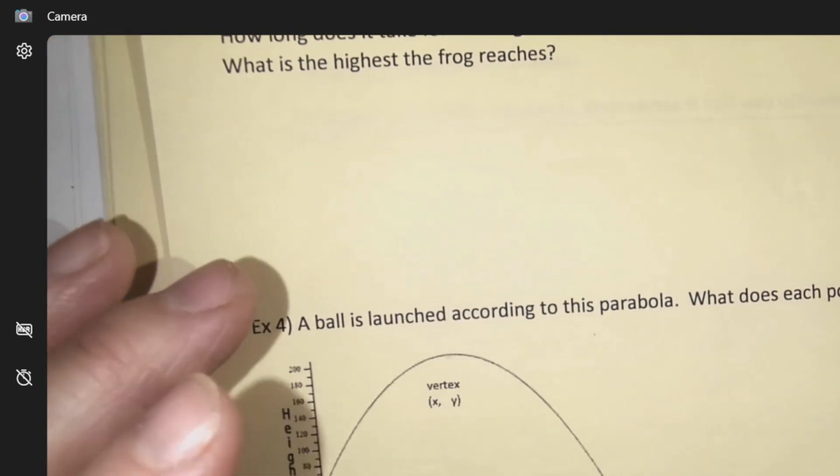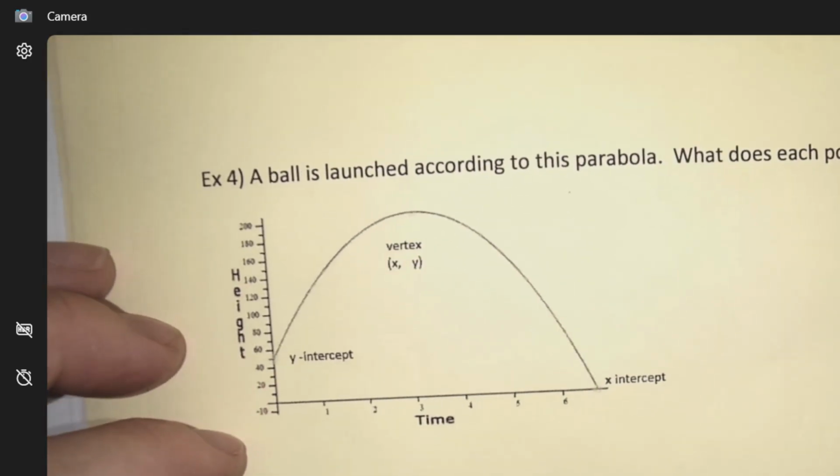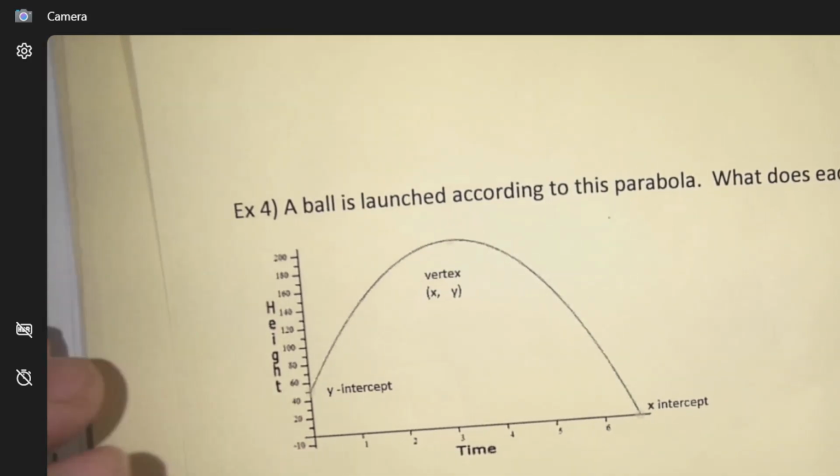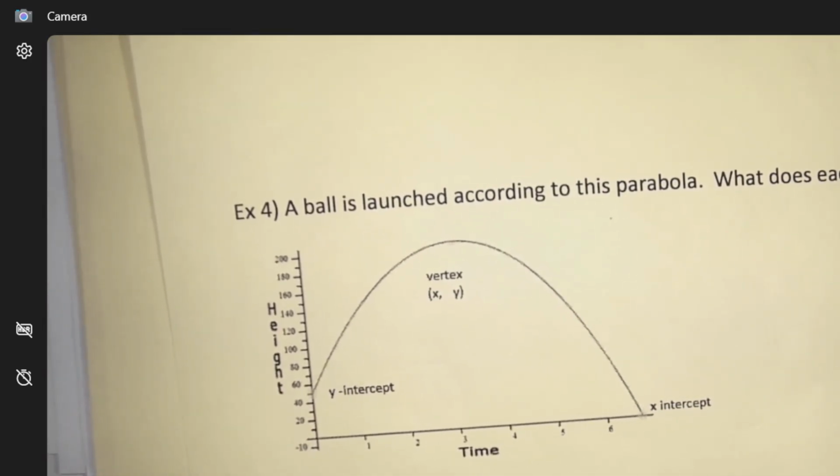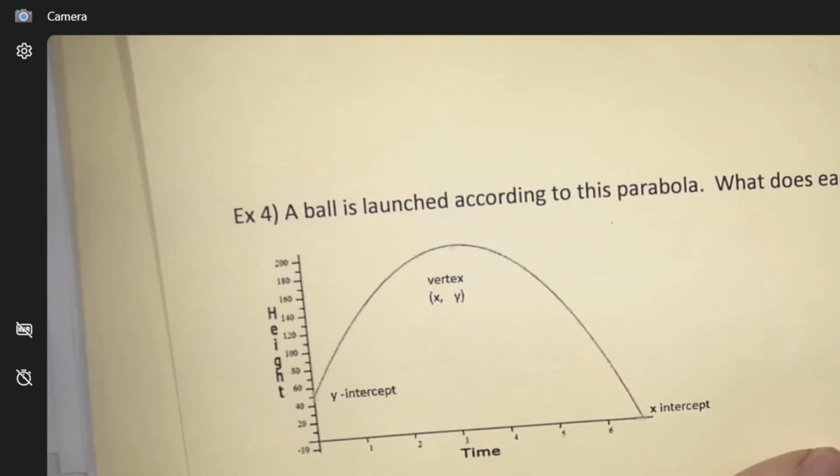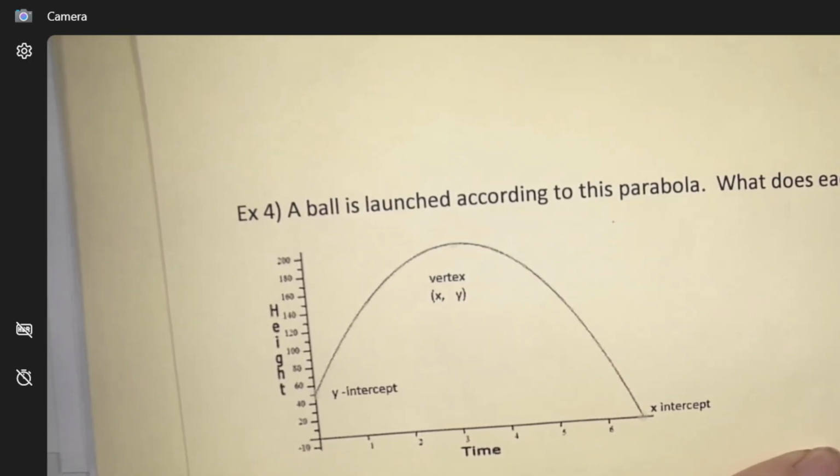Okay, I need you to visualize real life stuff here. This is an equation about somebody who was throwing a ball. Okay, so this is the parabola.